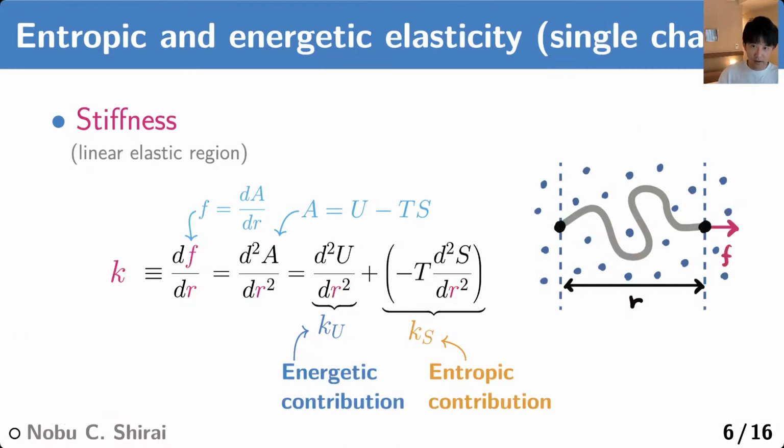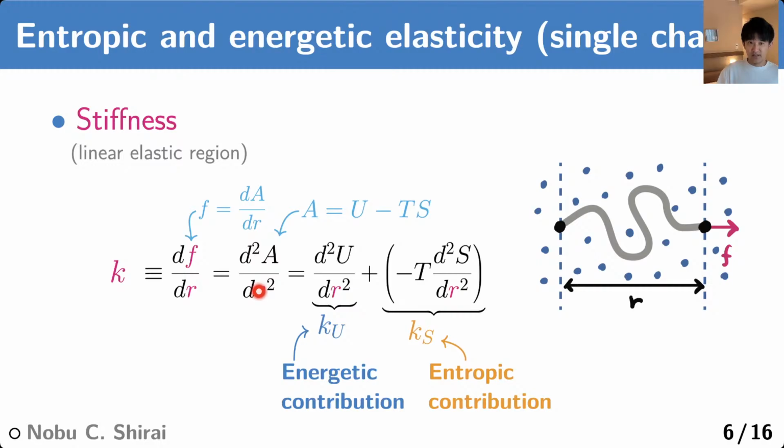So we define the single chain elasticity based on stiffness. K, which has the same dimension as a spring constant, is defined by the derivative of force with respect to R. This is the end-to-end distance, the distance between both edges of a polymer, and that can be written by a Helmholtz free energy.